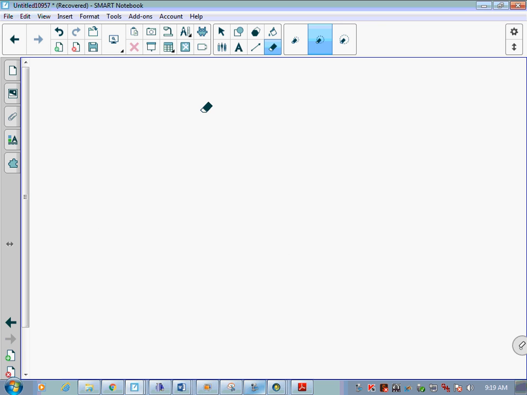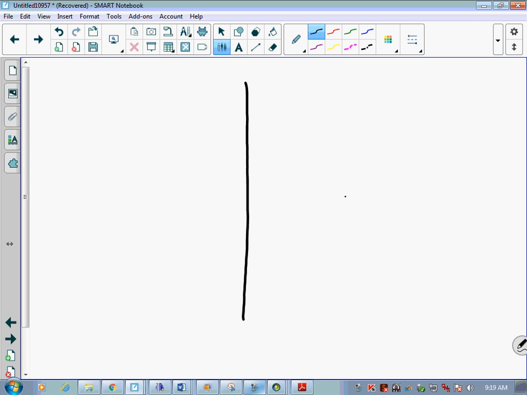Let's look at this here for a second. I'm going to draw just a really basic coordinate plane. If I've got just a single point here, let's call this coordinate 2, 1, and I want to reflect it across the y-axis. The y-axis is going to stay.